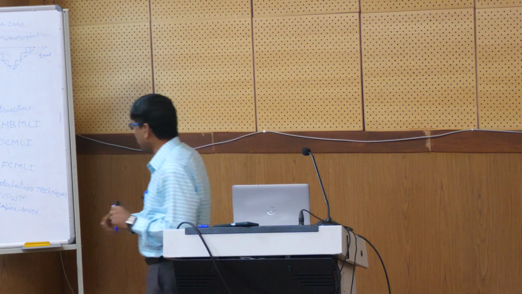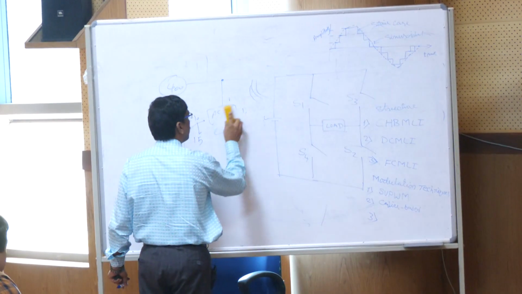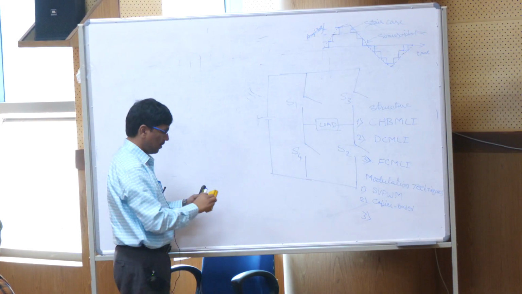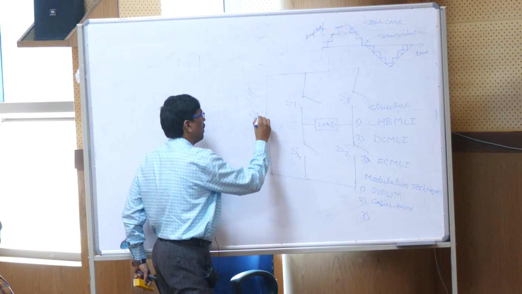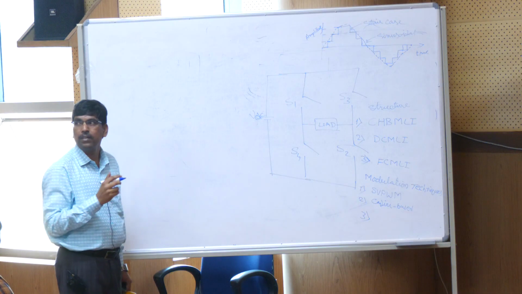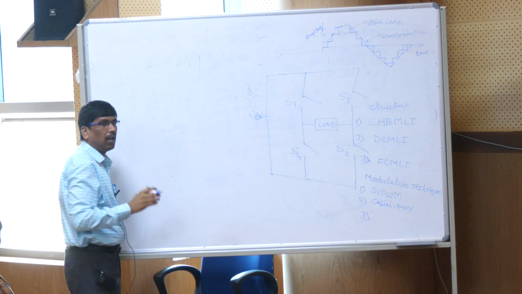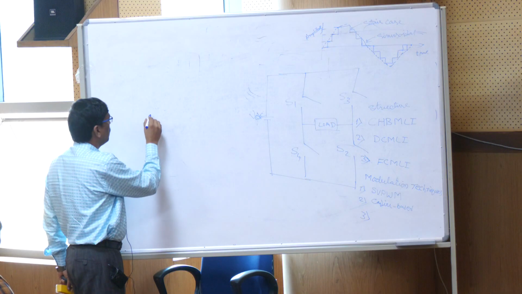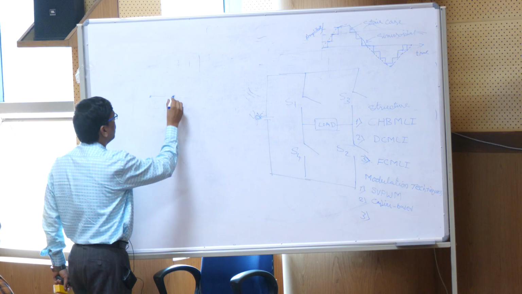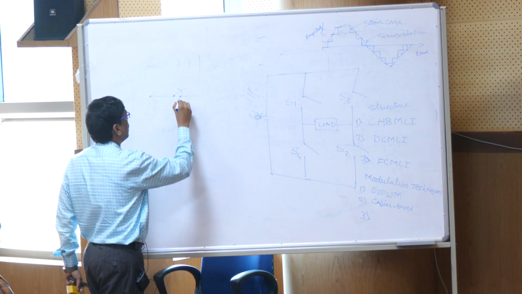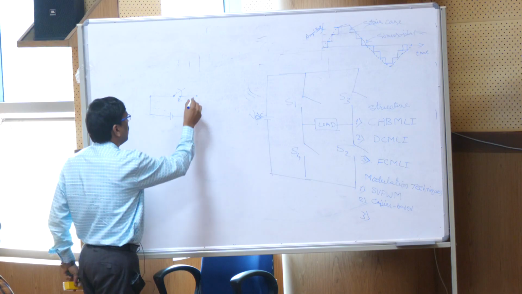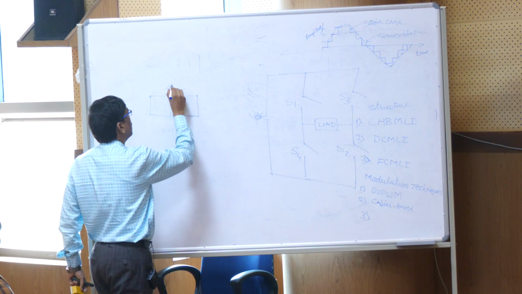When it comes to the two level part, if you take a switch, an ideal switch, a conventional switch, it is connected to a kind of DC source, switch SW.